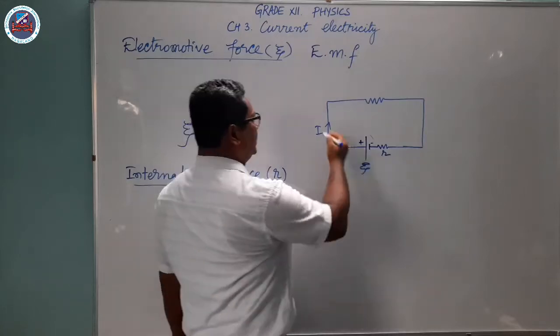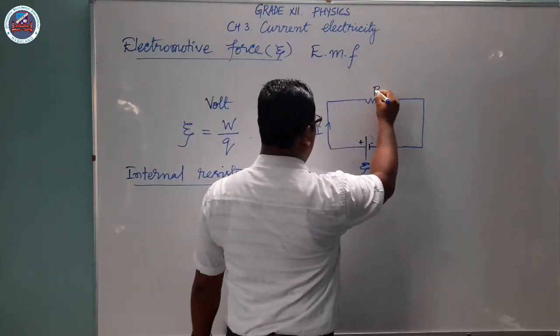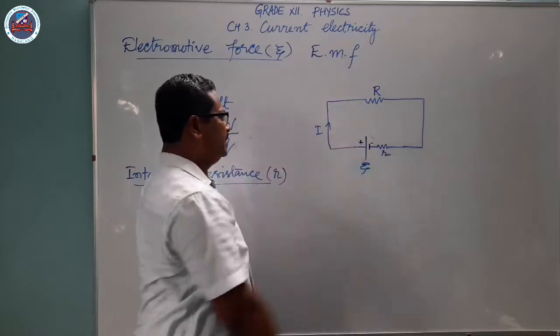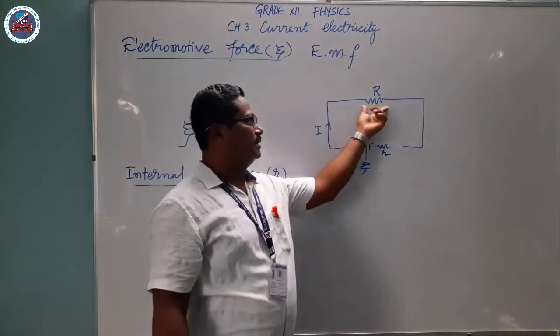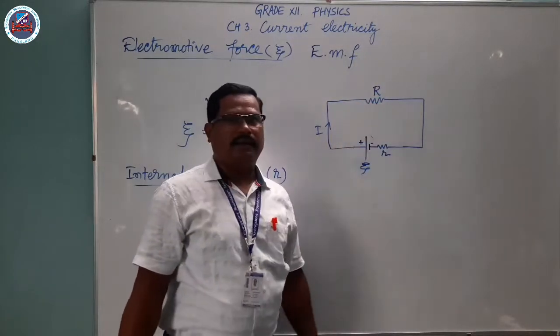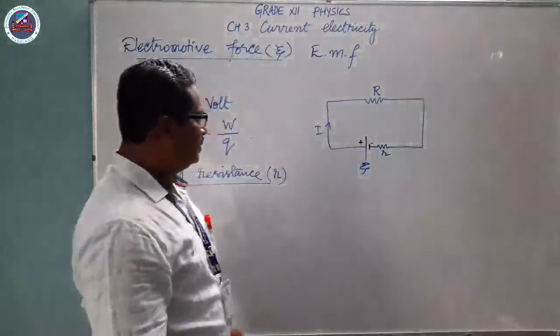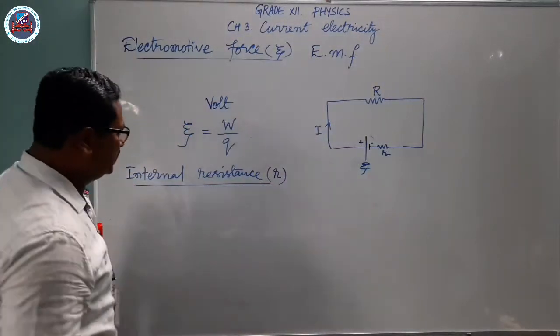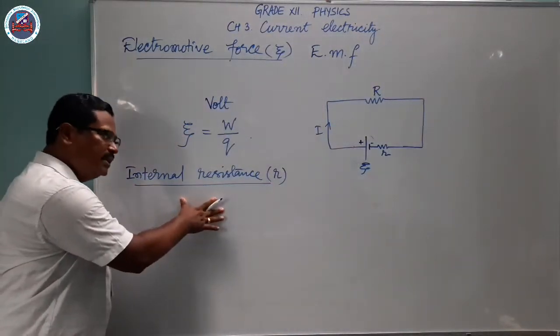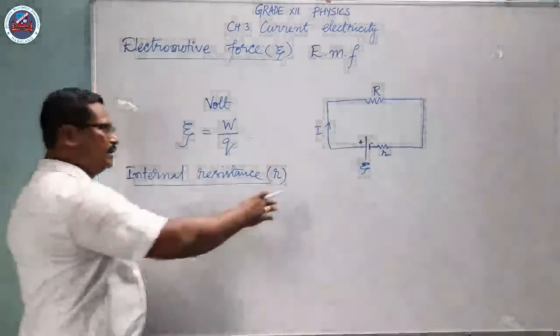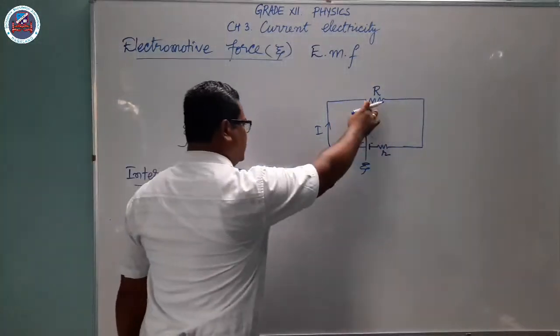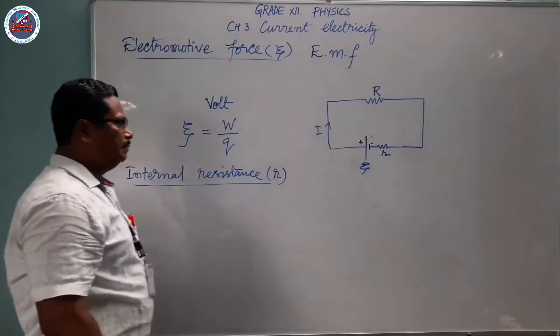And then the resistance outside, this is your bulb or your fan or your TV set, whatever it is, that is your external resistance. We write it as R. Here the SI unit of internal resistance is also ohm. Like your internal resistance, external resistance units are the same.